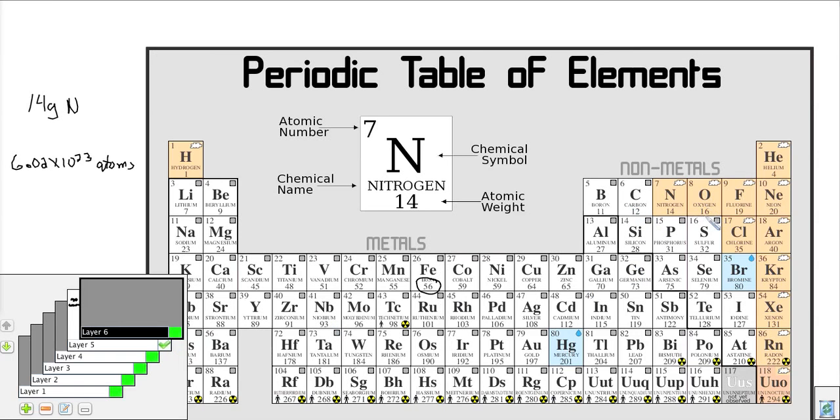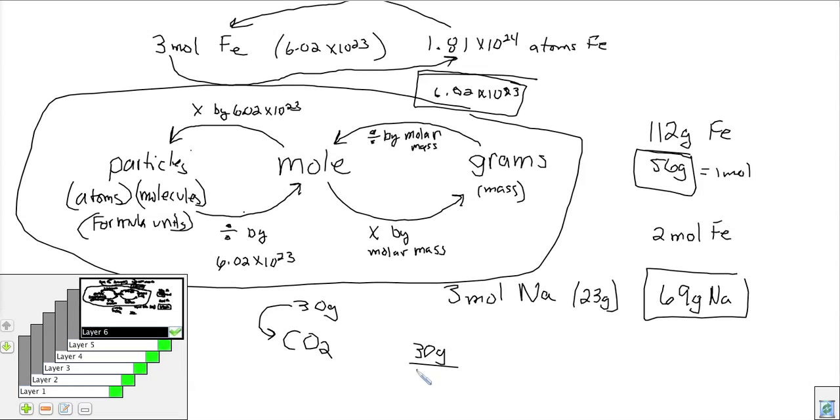So my molar mass is 44 grams in 1 mole. I divide that out, 30 divided by 44, and I won't have a complete mole, but I'm going to have 0.68 moles of CO2. Not a full mole, because to get a full mole, I need 44 grams per mole.